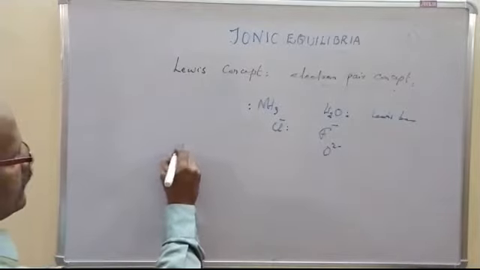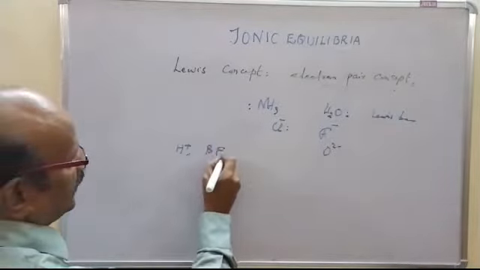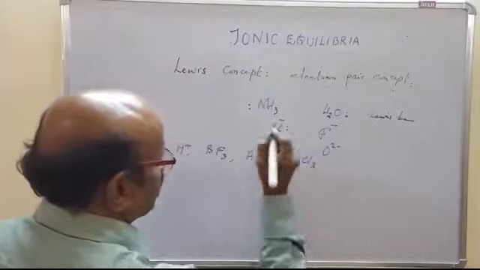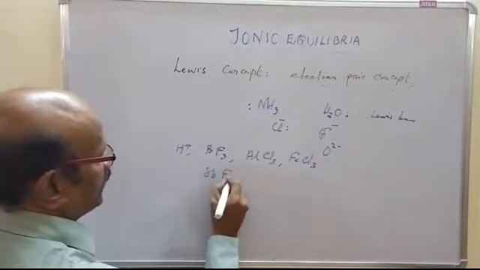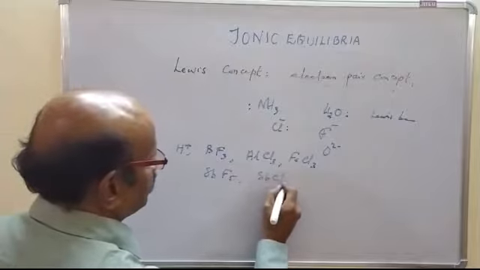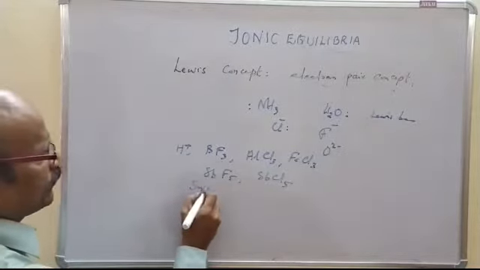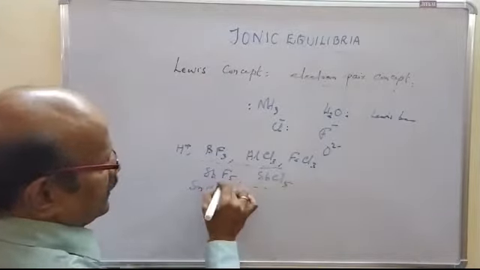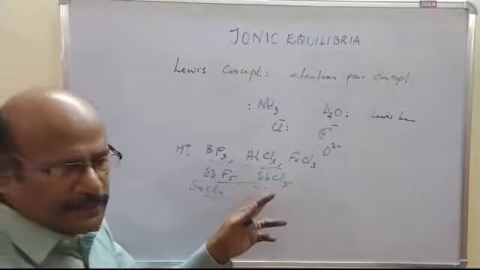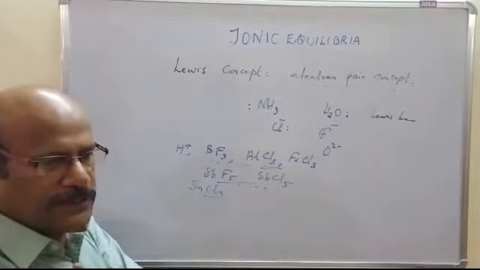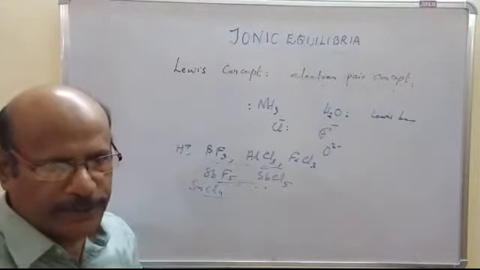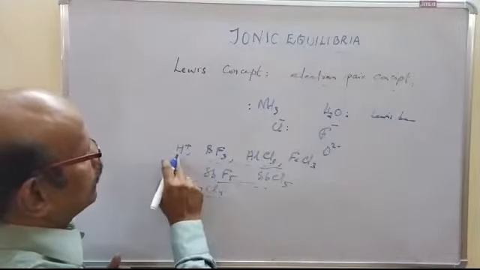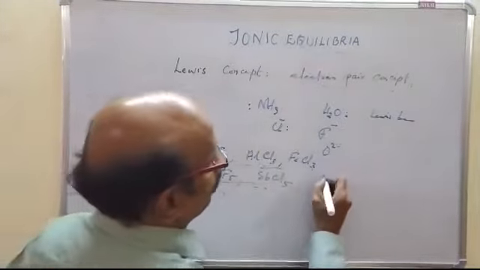So we can say H plus, boron in BF3, AlCl3, FeCl3, etc., then SbF5, SbCl3, SbCl5, and SnCl4. All these compounds are considered electron deficient. These compounds can extend their electron number beyond the octet by accepting electrons in their vacant d orbital from the Lewis base.